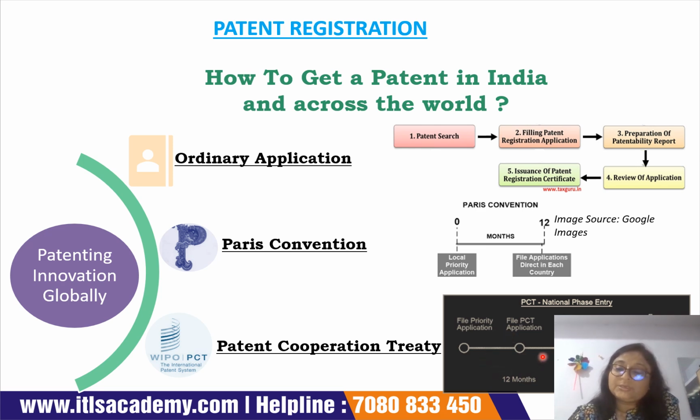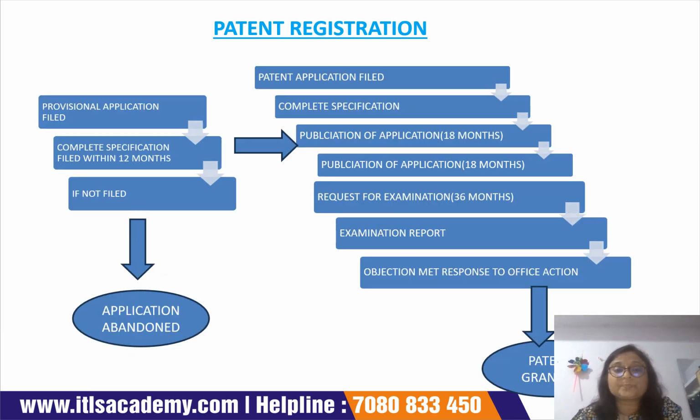So this is your international application. After that you can decide in which country you wish to process your application, or in which country you don't wish to process your application. So these are the ways by which you can file a patent application in India as well as internationally.